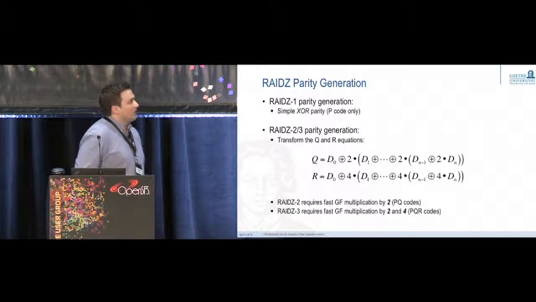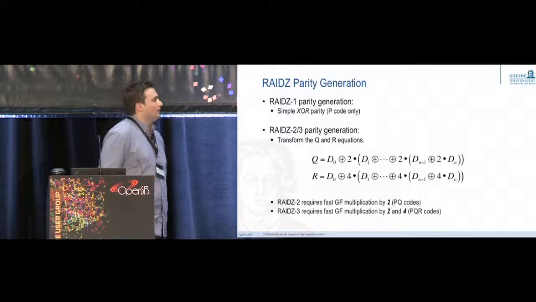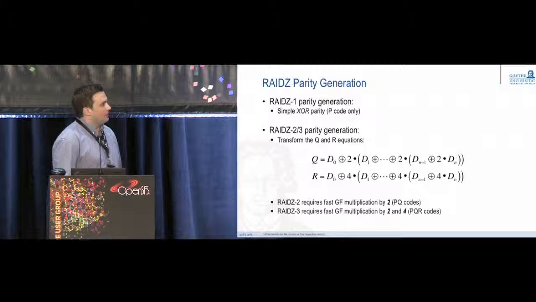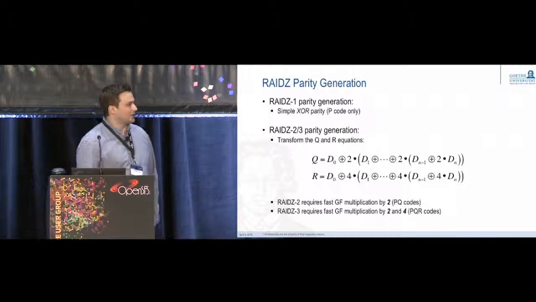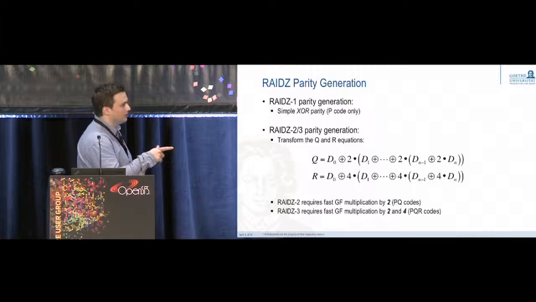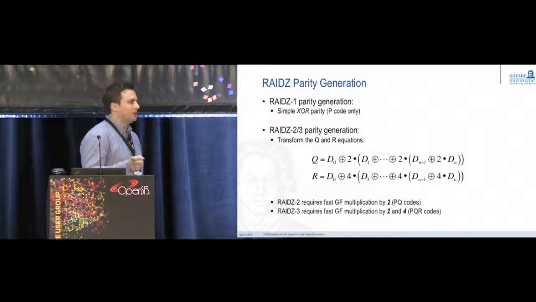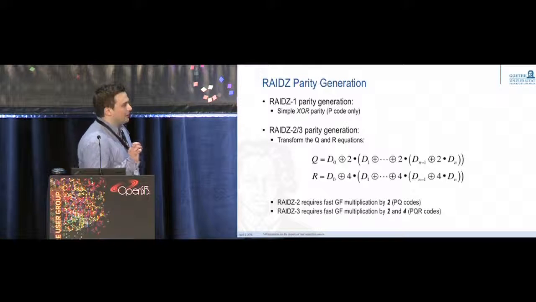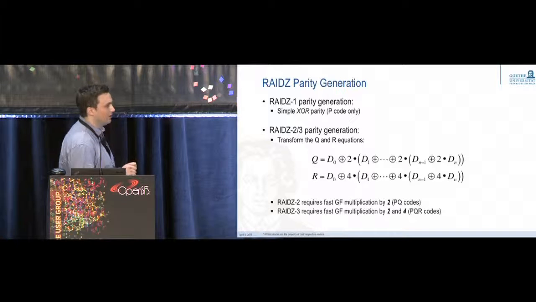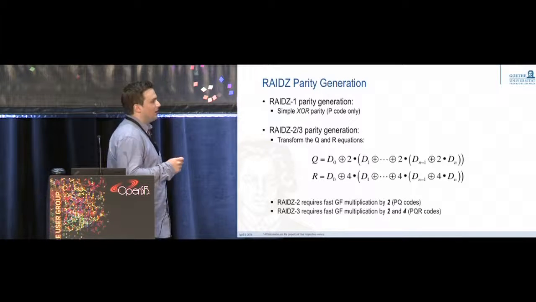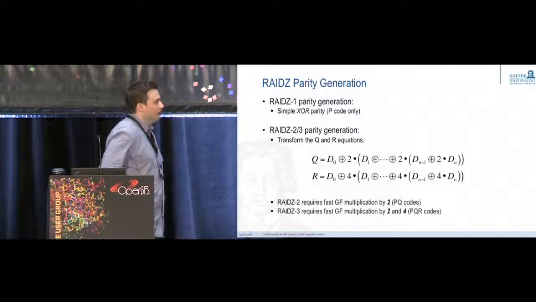For the parity generation, RAIDZ1 is a simple XOR parity, we all know. For RAIDZ2 and 3, we can transform the previous equation to this form, and now we lose all the powers of 2 and 4. So now we see that we only need these specific operations computed efficiently to get decent speeds out of the computation.